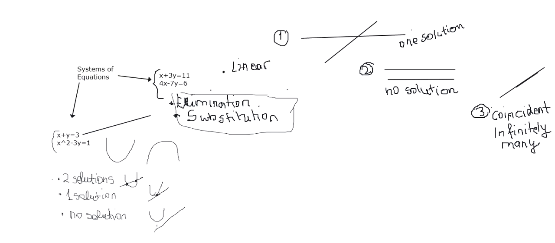Whereas in this system of equations, if we try to use the elimination method, we will have difficulties eliminating any of the variables, because if I try, for example, to multiply the first equation by 3, I will get 3x plus 3y equal to 9.